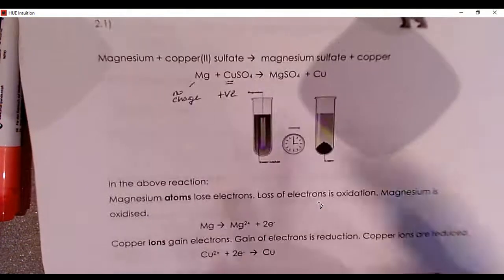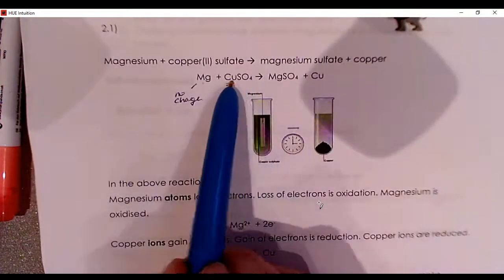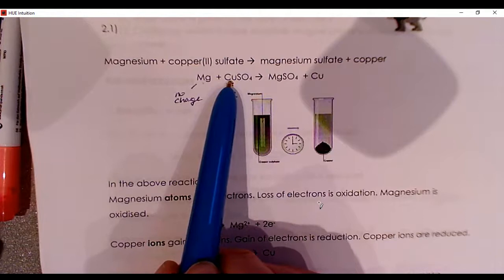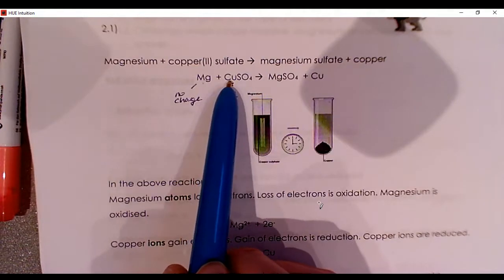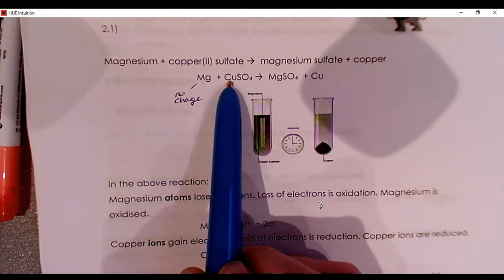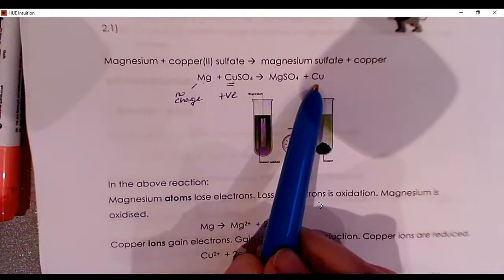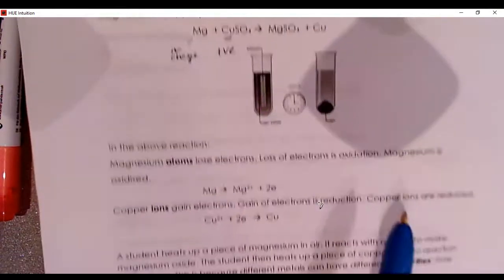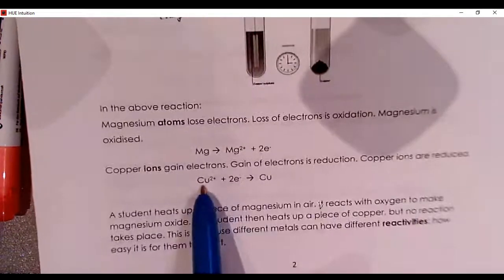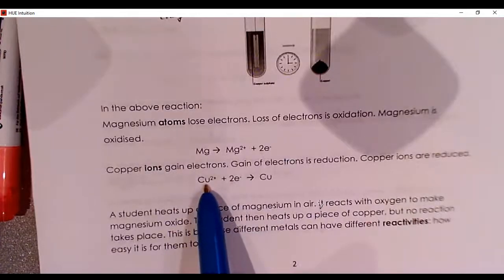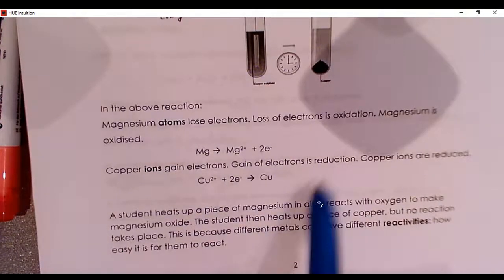Now, in this instance, you're starting with copper ions. It happens to be copper 2+. You can look on the back of the data leaflet for the charge of a copper ion. And it becomes copper atoms, right? So it's gained 2 electrons, right? So the copper ions gain 2 electrons, and that by definition is reduction.